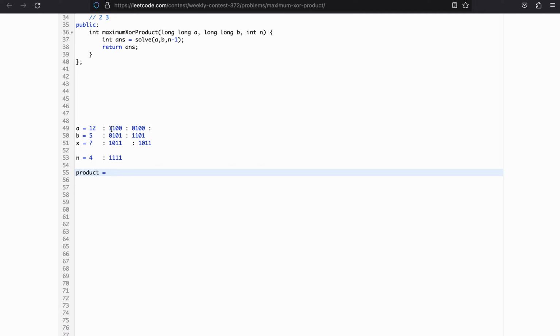Then this bit should be 0, and so here a becomes 0 and this becomes 1.